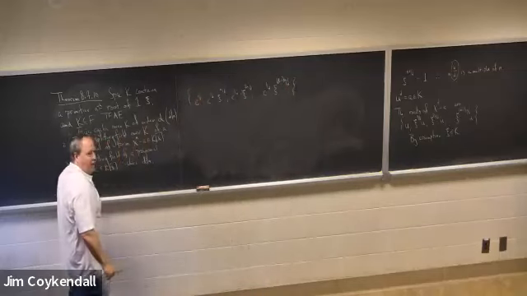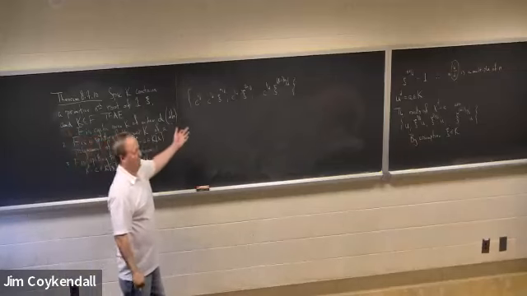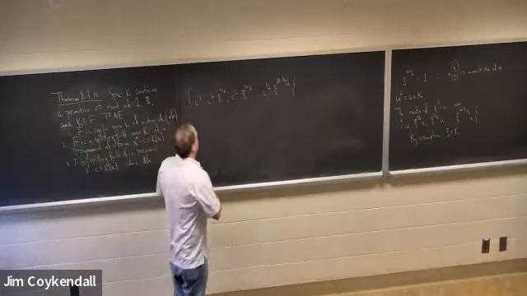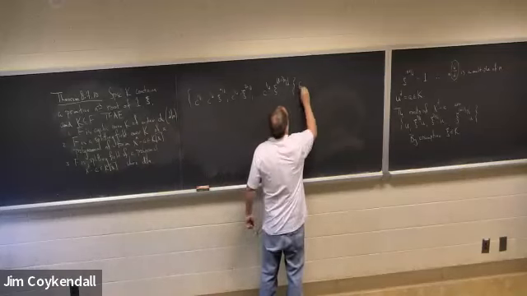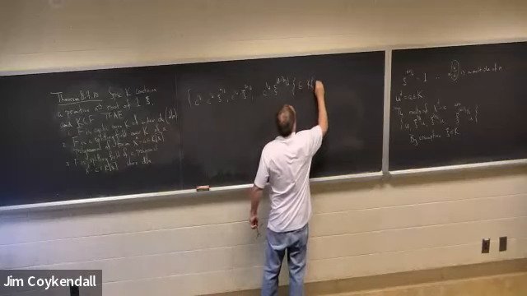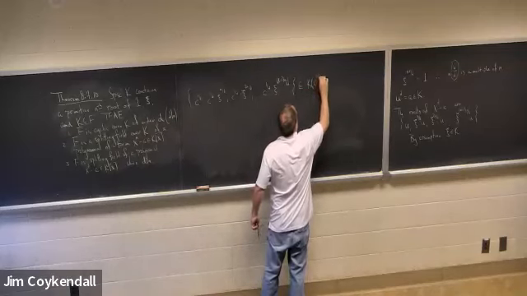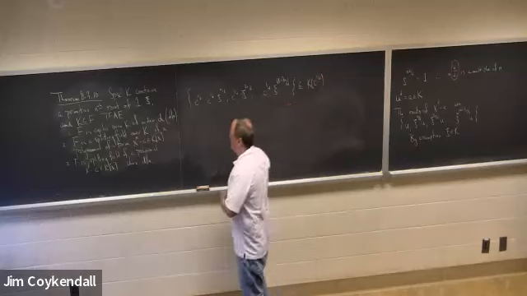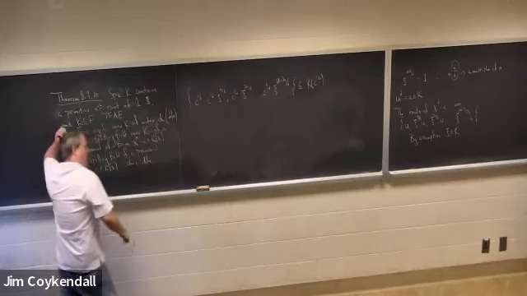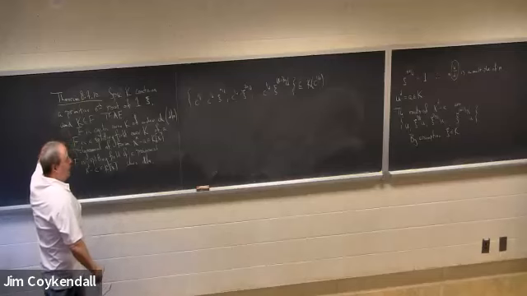This polynomial we already know has these distinct roots. There's the list of them. These are all in, this is a subset of K adjoined c to the 1 over d, and this thing is the splitting field. So it's Galois.